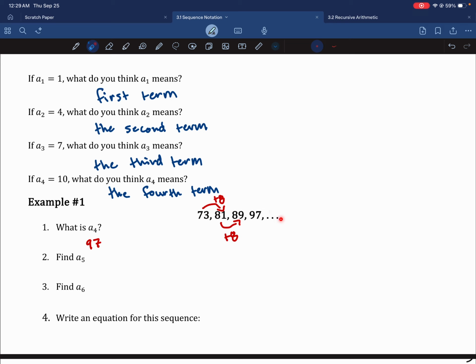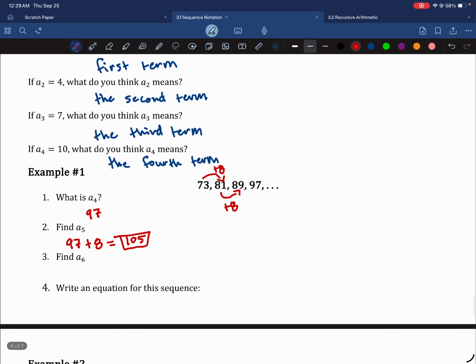Okay, well, it doesn't tell me what a sub 5 is, but I could find that pretty easily by taking my fourth term, 97, and just adding 8 to it. So 97 plus 8 is 105. That is my fifth term. Okay? And then for the sixth term, we're going to do the same thing. 105 plus 8. That'll give me my sixth term, which is 113.